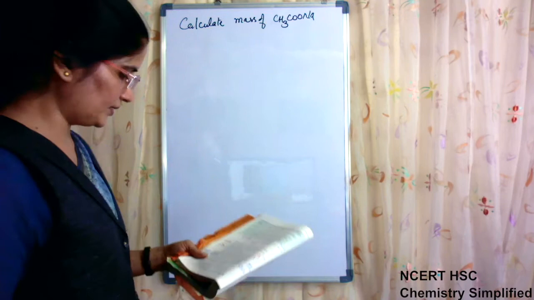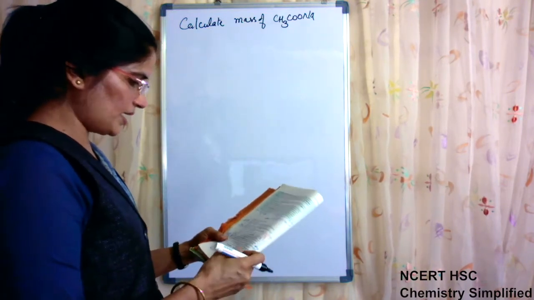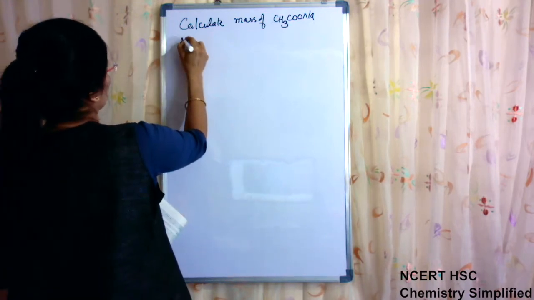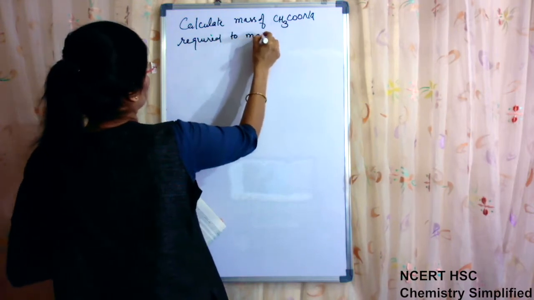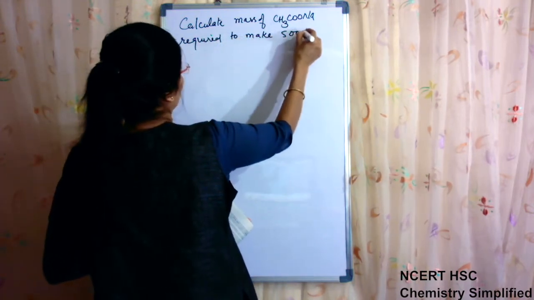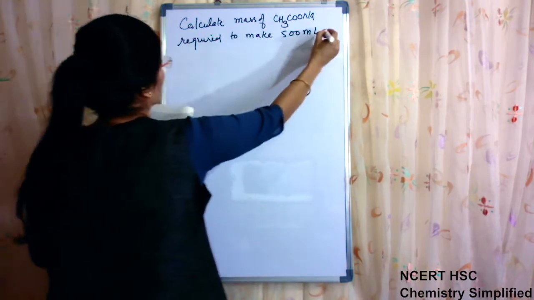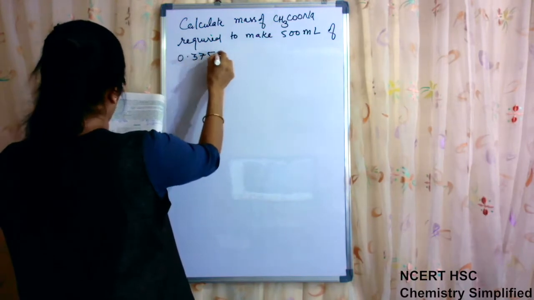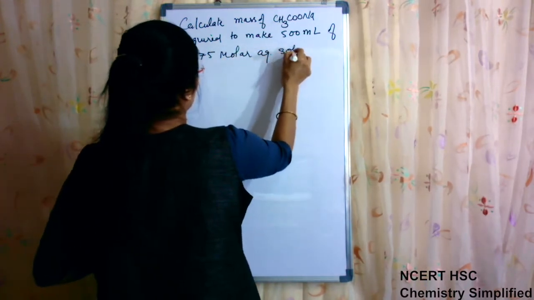Yes, ma'am. Okay. Calculate the mass of sodium acetate required to make 500 ml of 0.375 molar aqueous solution.